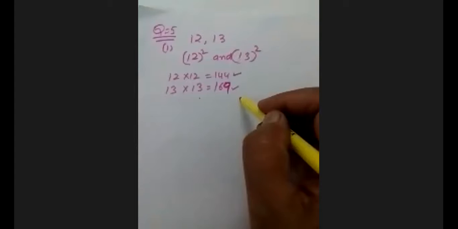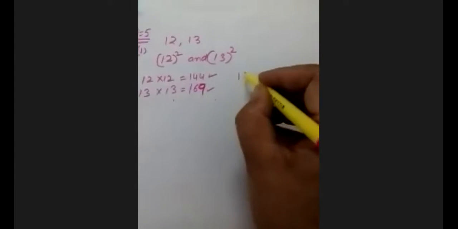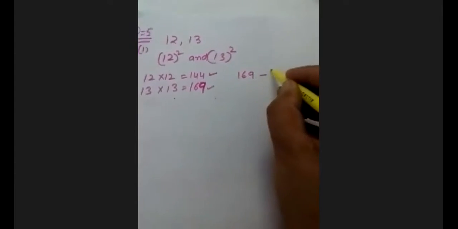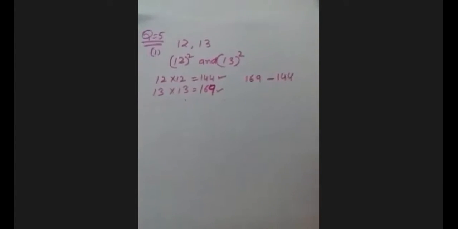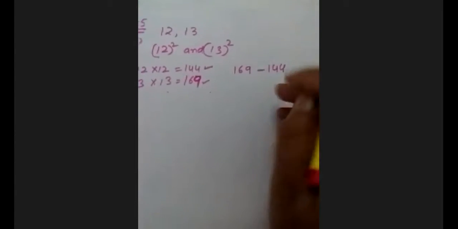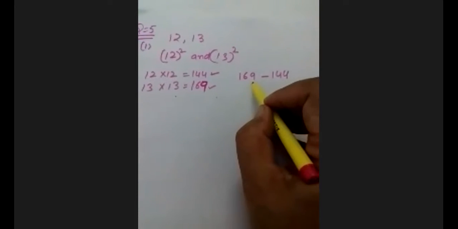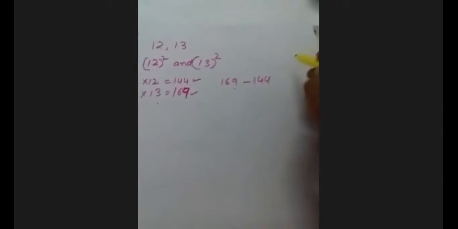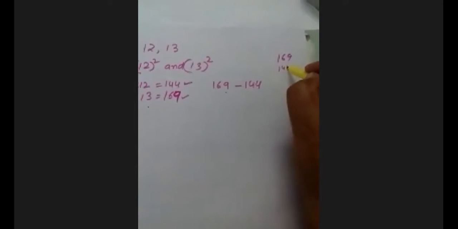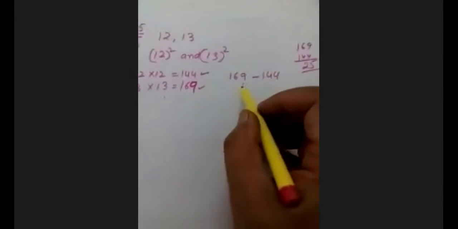Now in the first step, square these two numbers. Now find the difference of these two square numbers. 169 minus 144. Now subtract 144 from 169. 169 minus 144. Difference is 25.